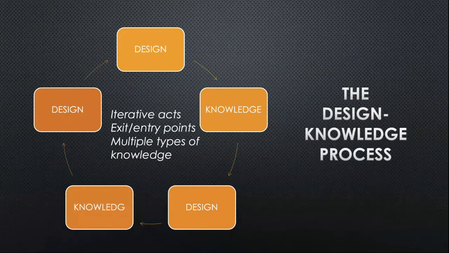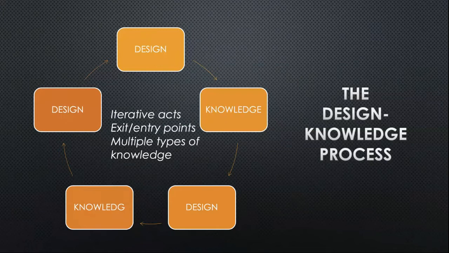So one of the things that I will talk about is that point of entry and exit, where one step in the process may yield knowledge that then informs the next process, and so on and so forth.